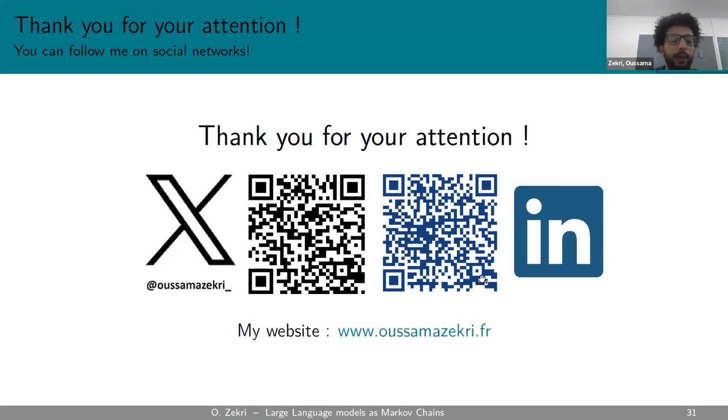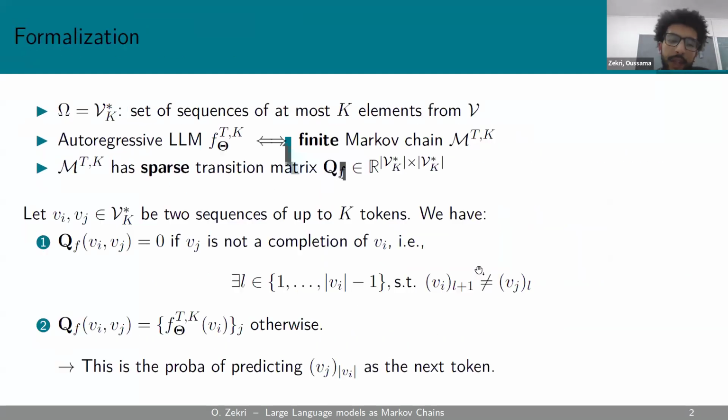No, basically we can really characterize an LLM as a Markov chain, with an explicit connection between both. If you consider two sequences of length up to k, then if my sequences are not aligned, there's zero probability to transition between them, and otherwise the probability is the one output by the softmax of the LLM.